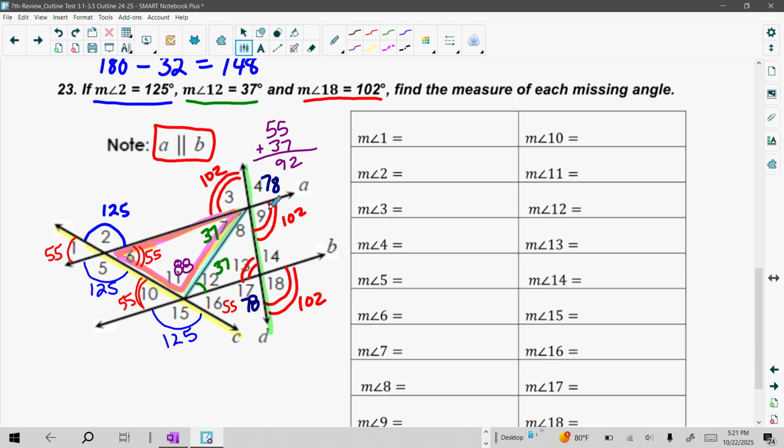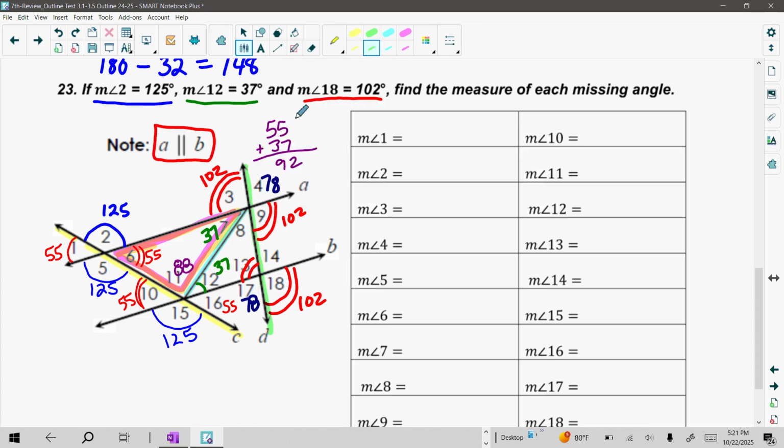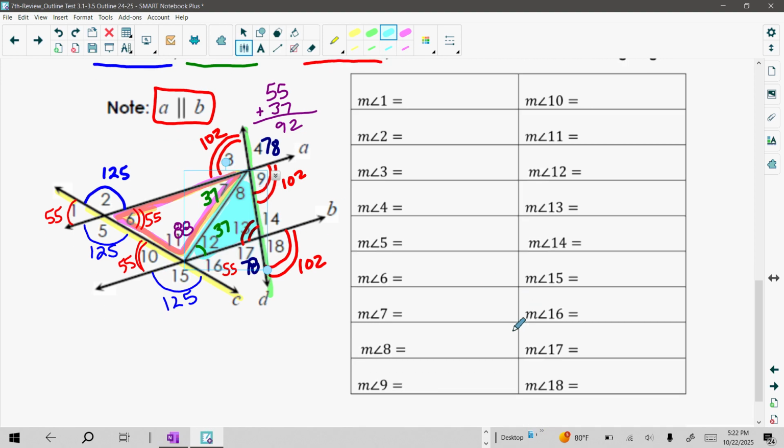They're congruent, 78. And to get to my angle 8, I am using the triangle and the sum of the triangle. Those three angles, 8, 12, and 13, will give you a sum of 180. So try that to find your missing angles, and then just fill it in. If you get multiple lines, I would always mark it on the diagram first, and then move on.